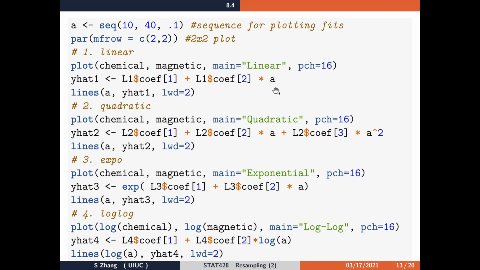Then we plug in the corresponding a, which is the possible x values, and find the predicted y hat. By doing lines(a, yhat1), we essentially plot the fitted line in this case. We impose that onto the scatter plot. For the subsequent ones, everything is quite similar. We first do the scatter plot, and then we overlay the corresponding fitted curve.